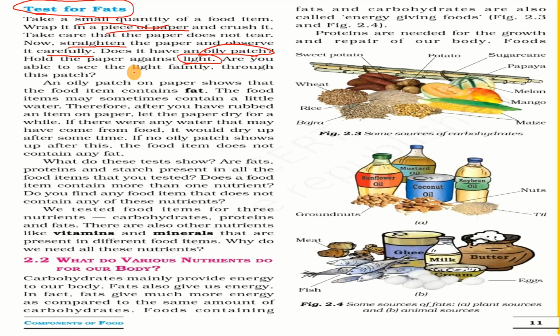Are you able to see the light faintly through the patch? An oily patch on the paper shows that the food item contains fat. If there is an oily patch on the paper, then that food contains fat.